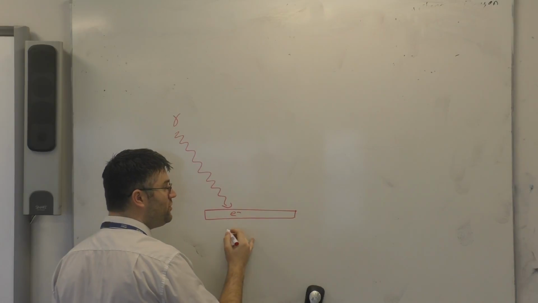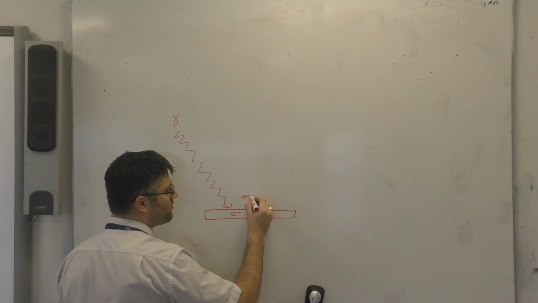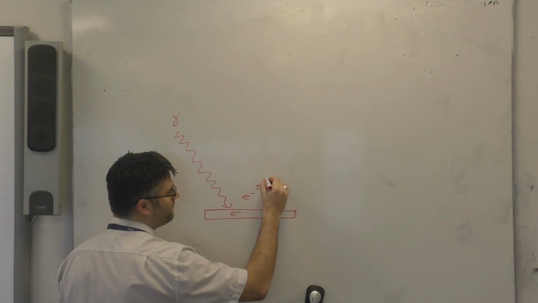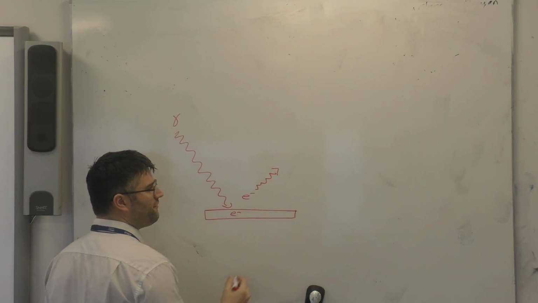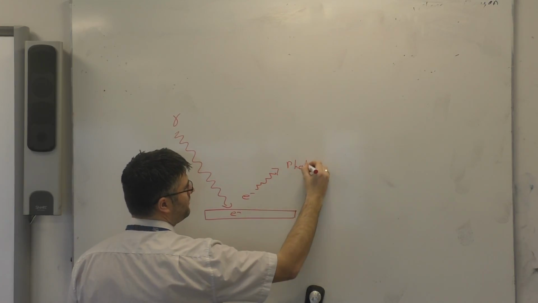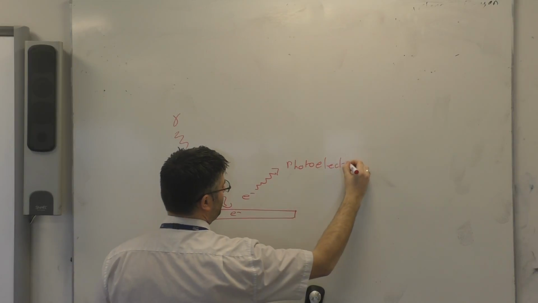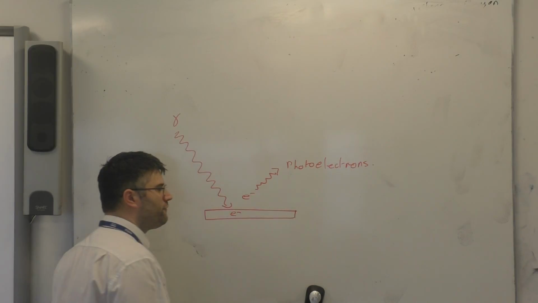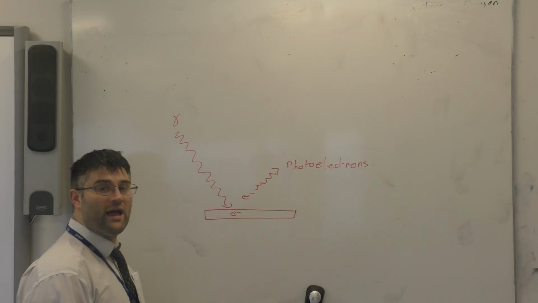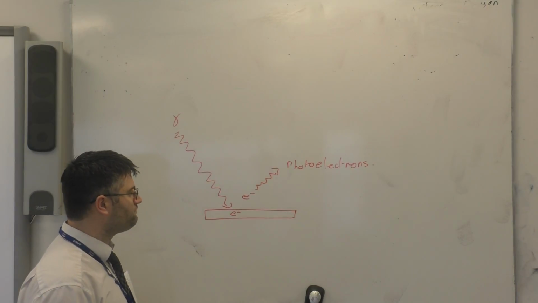And if it gives them enough energy, then the electrons can be released. We call these photoelectrons. So photoelectrons are released, and it gives them some kinetic energy.